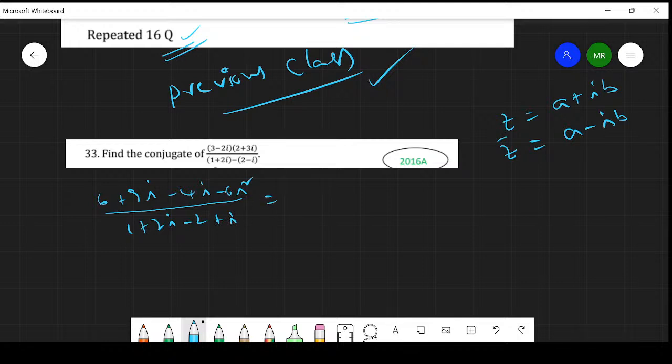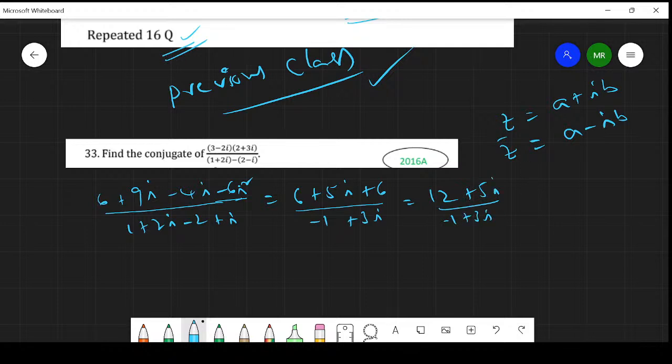So this will become 6 plus 5i, 9i minus 4i, 6i square, you know i square is minus 1, so minus 6i square gives plus 6. Here 1 plus 2i minus 2 plus i, 1 plus 3i. So this will become 12 plus 5i by minus 1 plus 3i.